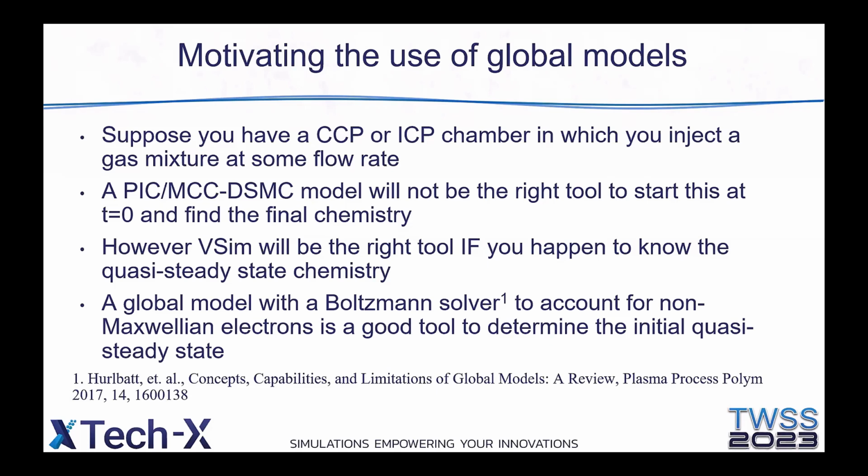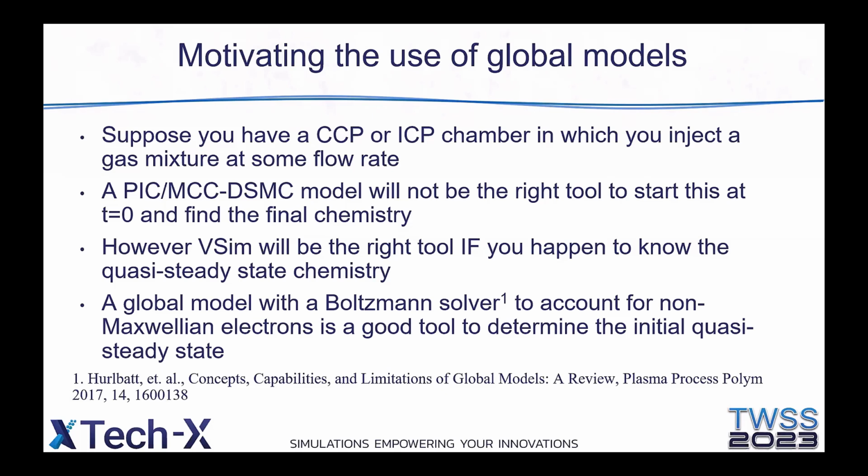What reactions do I need to include? And unfortunately, particle-in-cell really can't answer that question. The timescales are too slow, and the timescales are too small in PIC to give you that answer. And furthermore, it's really more of an energy balance and particle balance question rather than a kinetics question.